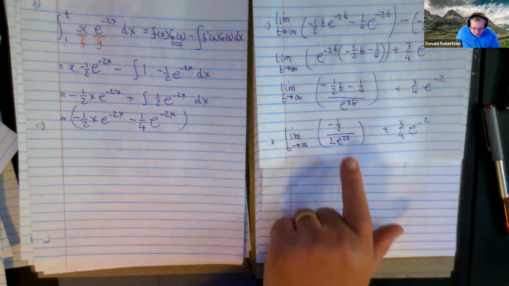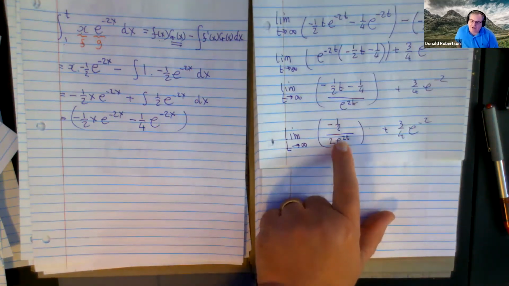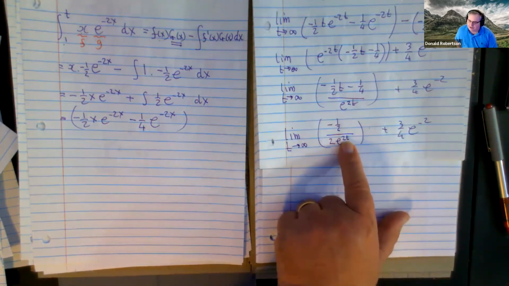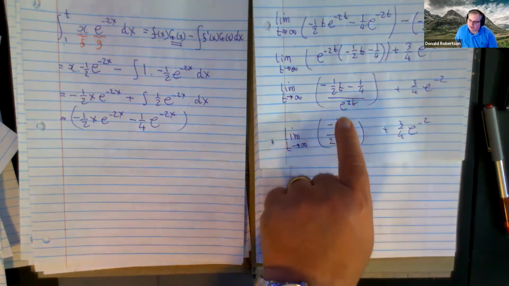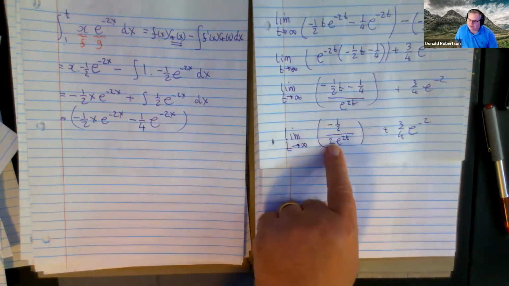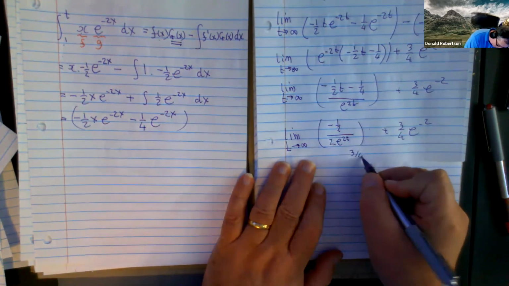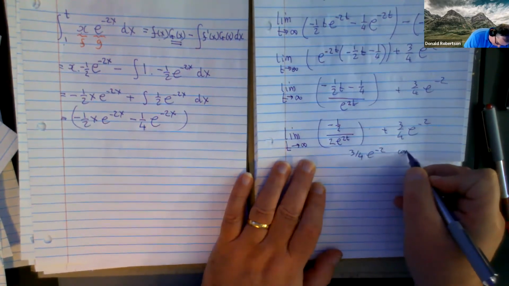I can now plug in infinity in here. Would you agree that negative half over infinity is 0, so the answer ends up being a number, right? If you plug infinity in here, that just disappears, because negative a half over infinity is 0. And so you've got this, which means it converges.